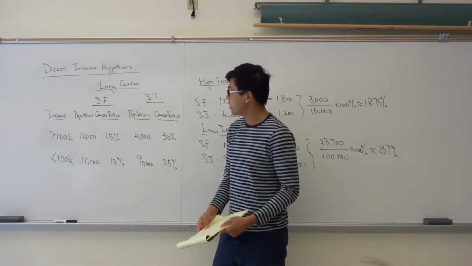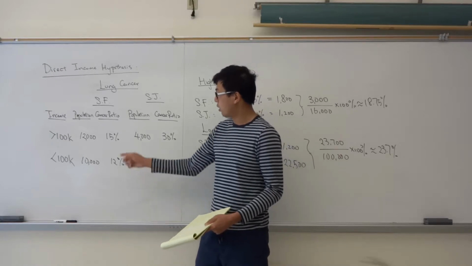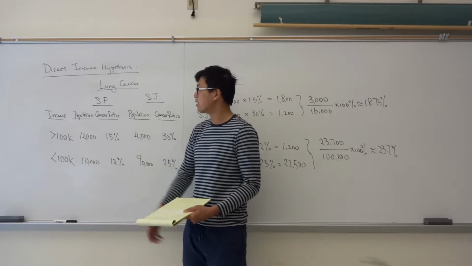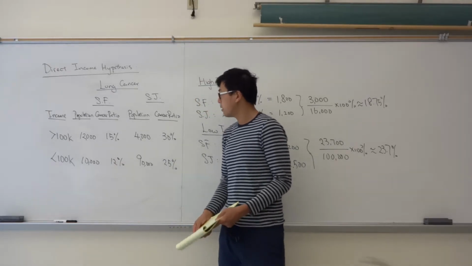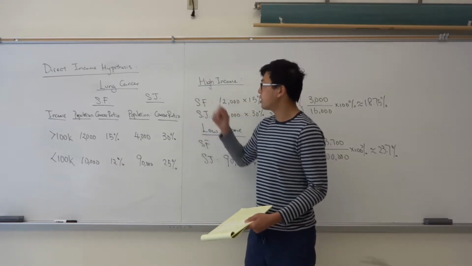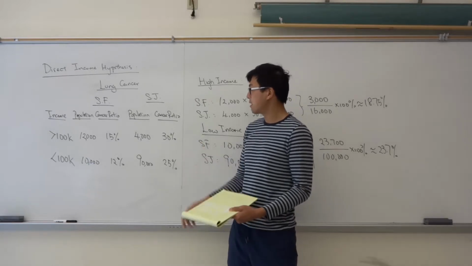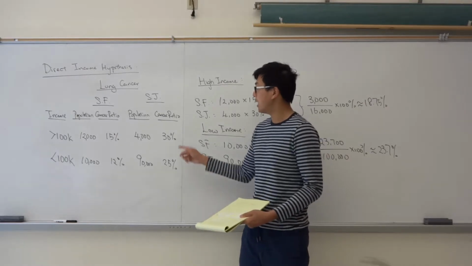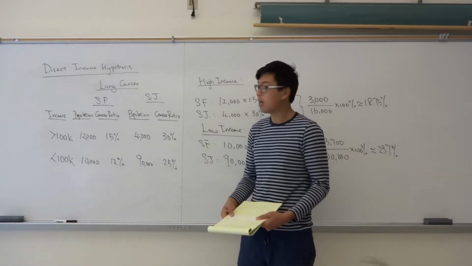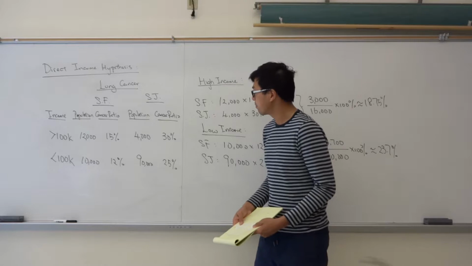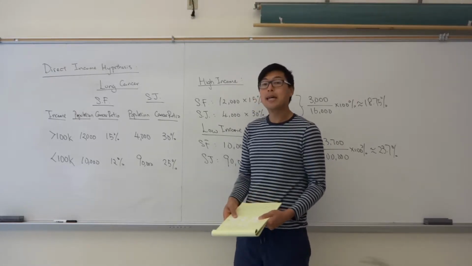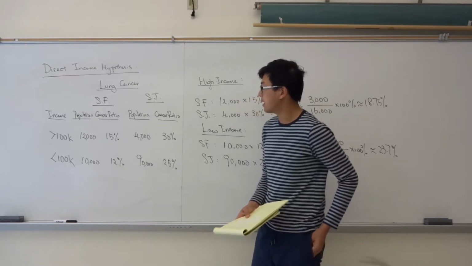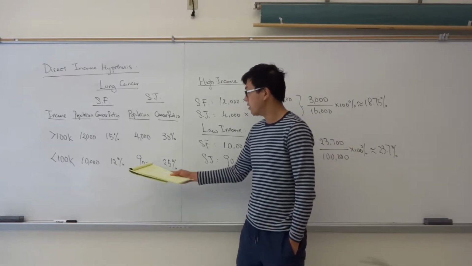And the cancer ratio in San Francisco for the low income is about 12% out of the 10,000 people here. On the other hand, San Jose has about 30% of the population from the high income families who got lung cancer out of the 40,000 people. And about 25% of the low income people got lung cancer out of the 90,000 people here.